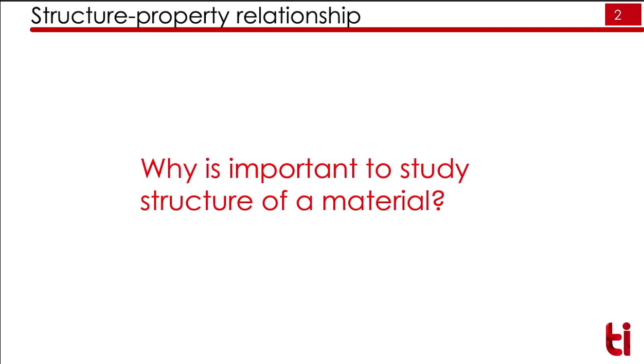We have also seen the different sub-levels of structure. These properties are interlinked, correlated or dependent on the structure. We will look at a few examples to give you an idea about that, and then we will start our next topic.